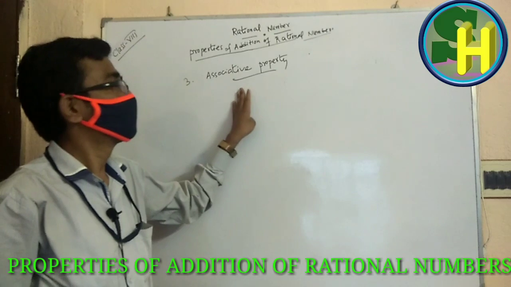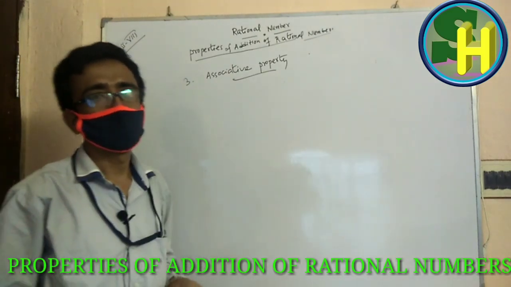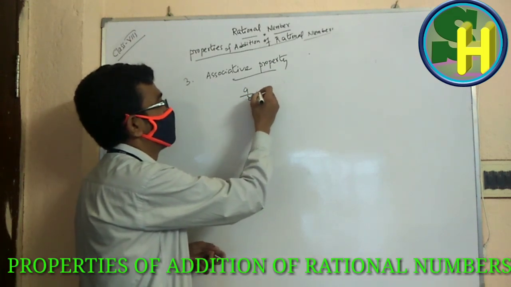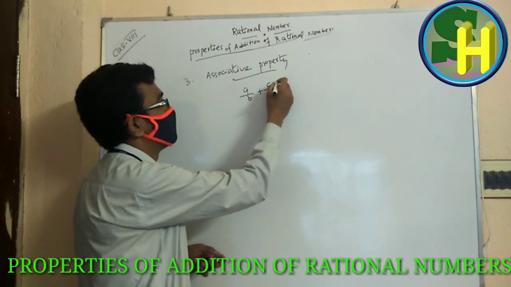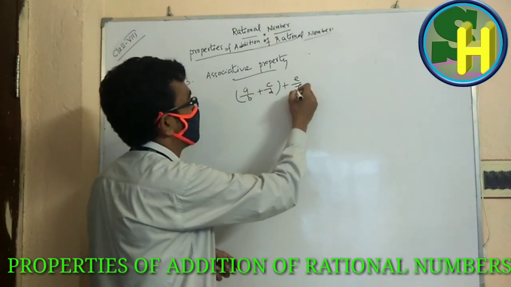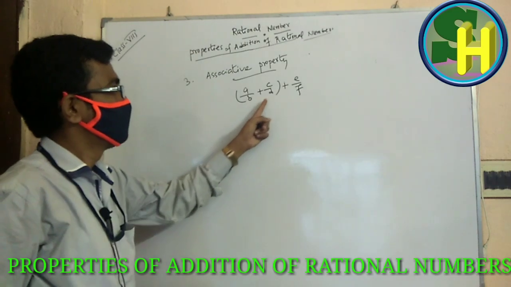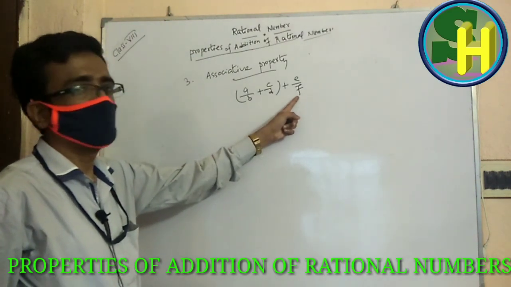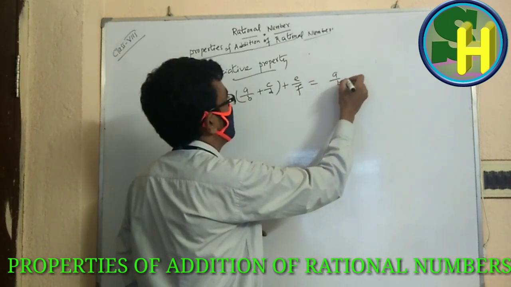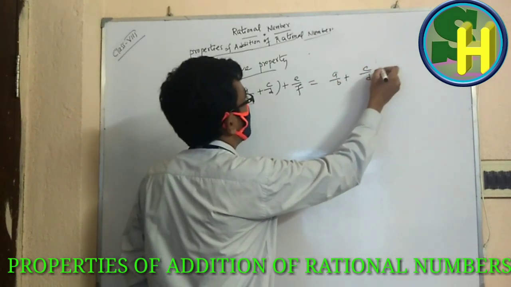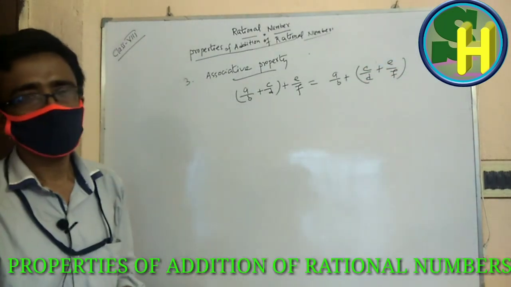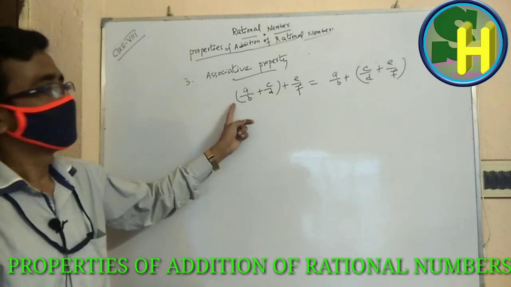Next is your associative property. The associative property states that if A by B plus C by D, and adding E by F, this is a rational number, this is also a rational number, and this is also a rational number, that particular value will be equal to A by B plus the addition of the both remaining parts. This is the associative property.